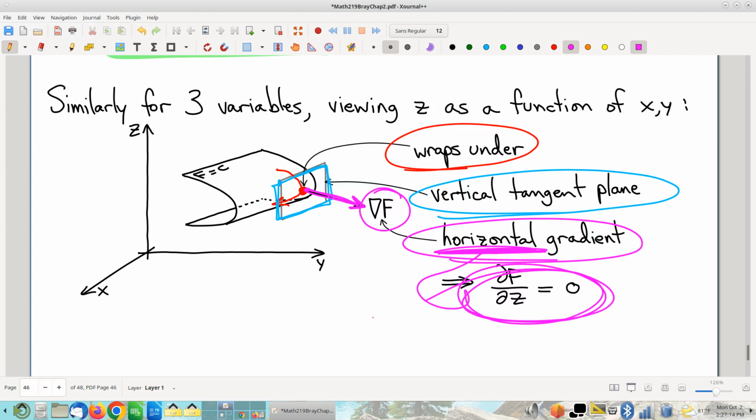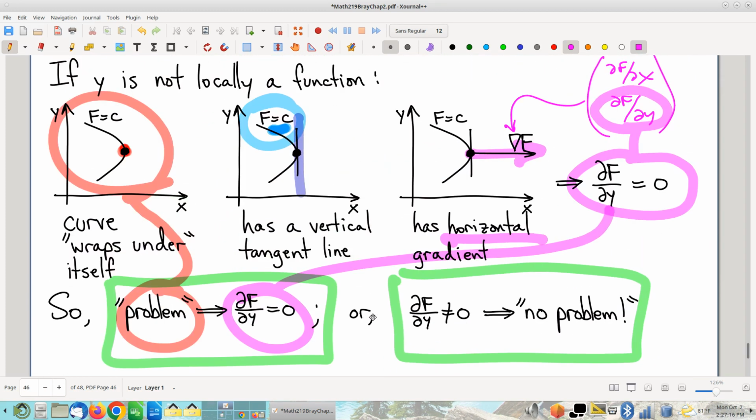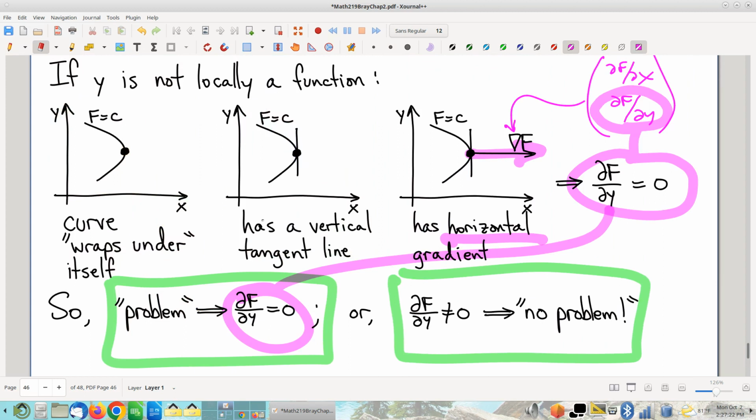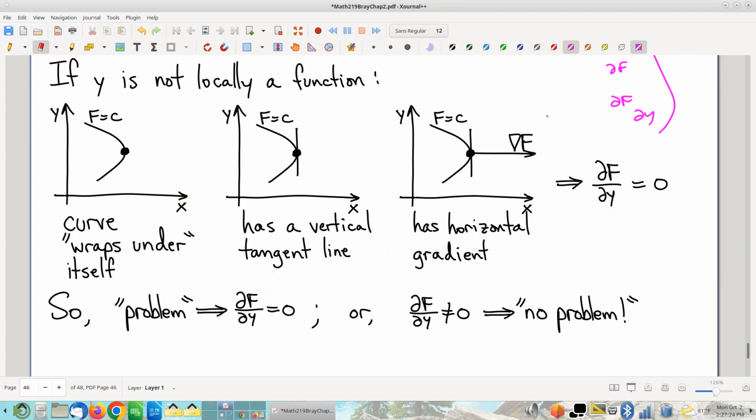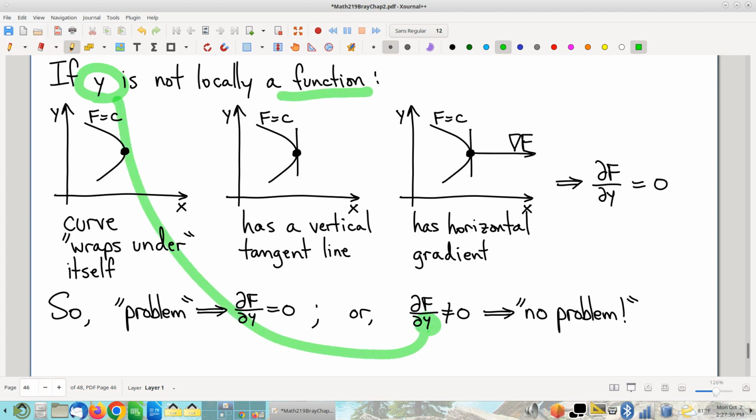Okay. Now, before we state the theorem, I do want to point out there's a nice coincidence here, a memory tool, you might say. Notice when I was trying to view y as being a function, then it was the partial with respect to y that I had to look at.